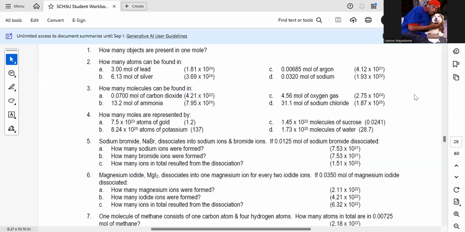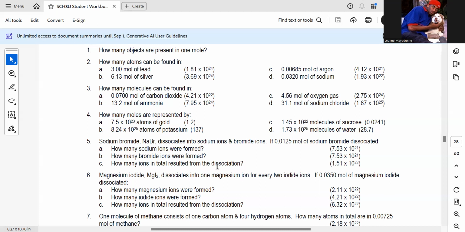You have 7.53, so 0.0125 moles, right? That is moles of NaBr, right? And each NaBr has two ions. I would have expected you to multiply the 7.53 by 2.